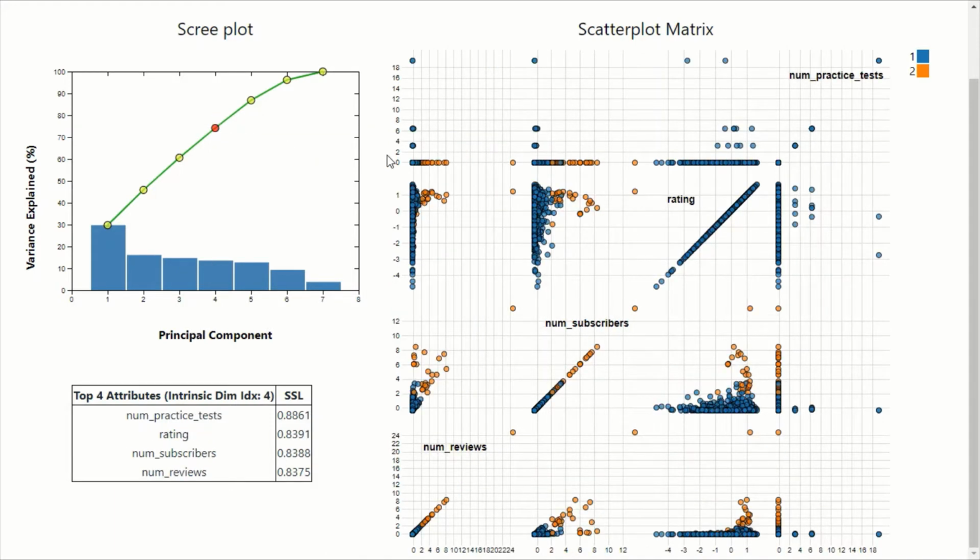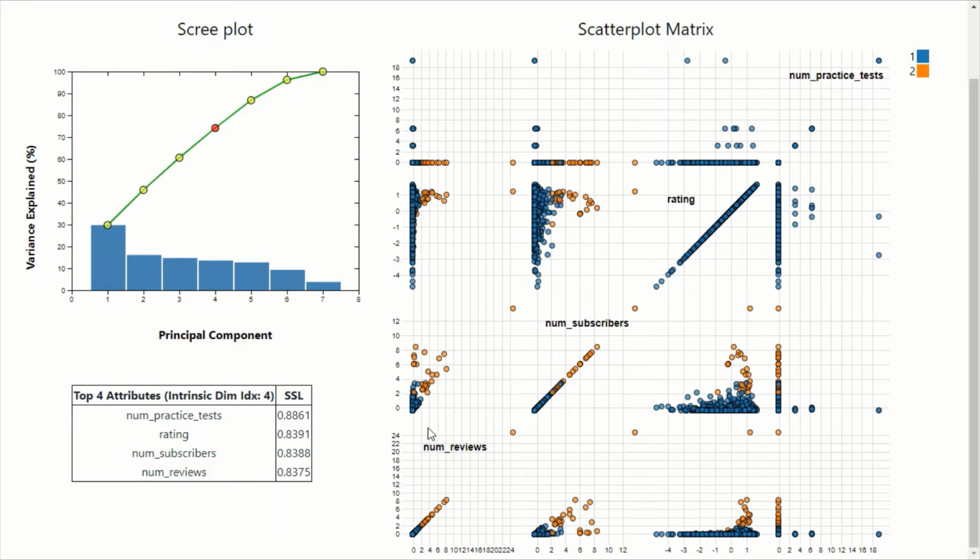The scatter plot matrix is used to see the variation among the dimensions in 2D for each pair of these attributes. Here you can see the rating is in the high range for a higher number of subscribers.